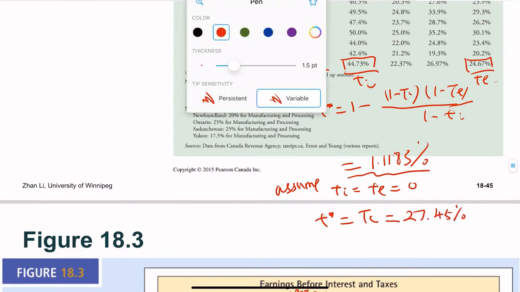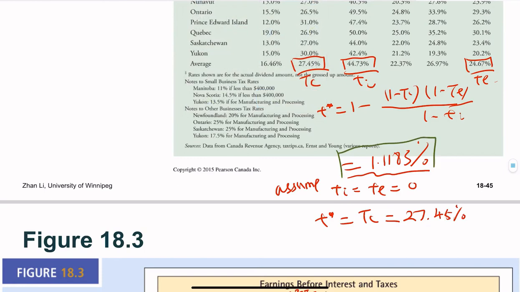And if you compare this number, you can see that the benefit of tax reduces a lot, simply because the tax rate on interest income is so much larger than the tax rate on the equity income, right?